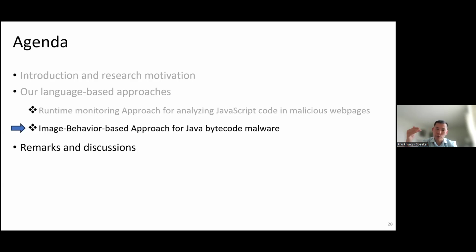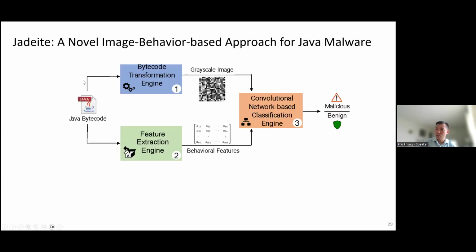We also use a language-based approach that we apply to Java bytecode, and the idea of this method is that we use a tool to analyze the code. We do not run the code, but we analyze the code. However, here we look into the API. Similarly, we look into the API calls for the Java bytecode.